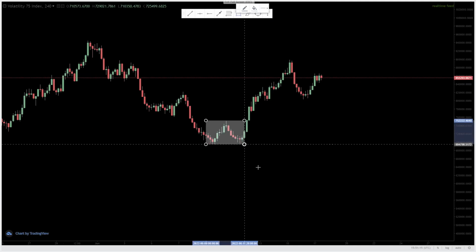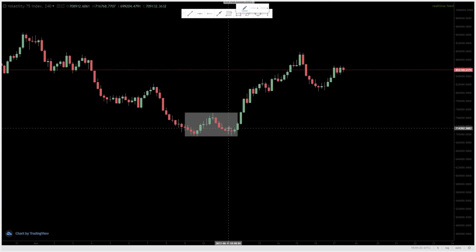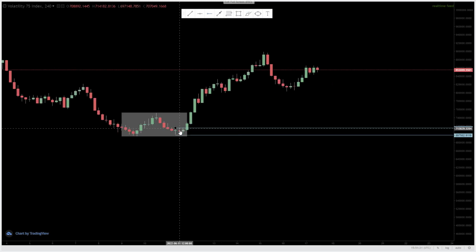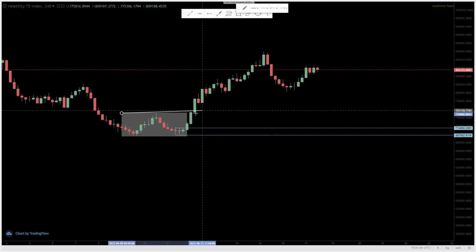When you look at this one, you will discover the last bearish candle, which I'll mark like this, is the bullish order block. There is this last bearish candle followed by a bullish movement that broke above this structure, this swing high.